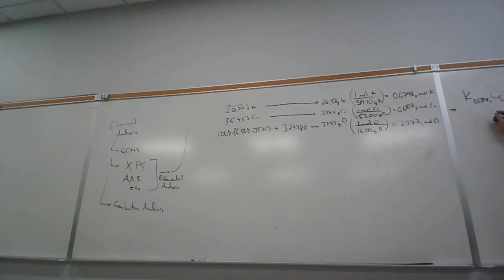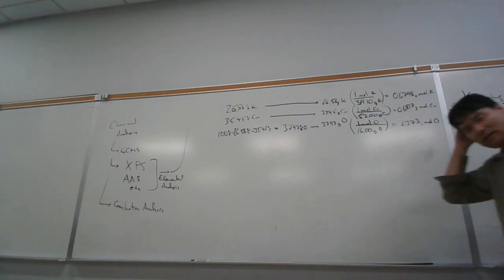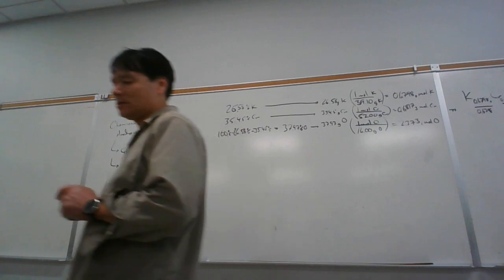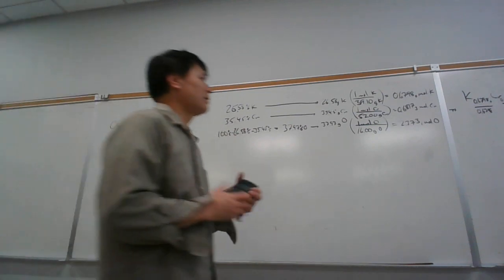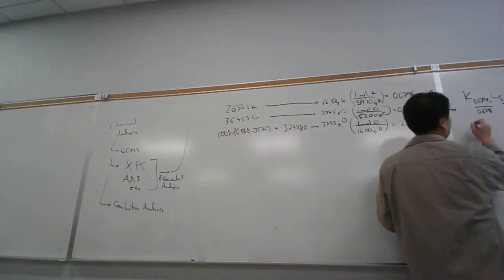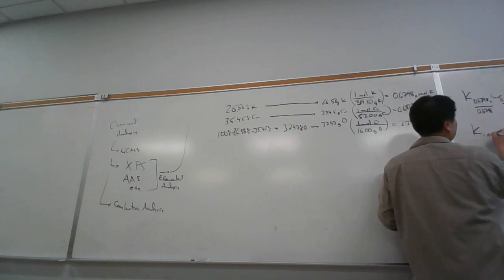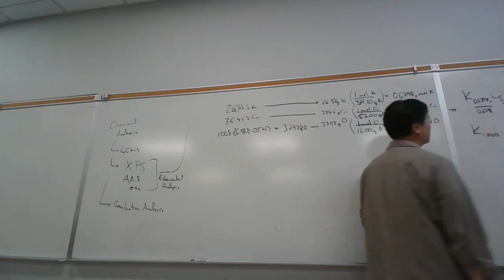The smallest is going to be 0.6798. 0.6798 divided by 0.6798, and then this divided by 0.6798. So let's divide the 3 by the smallest. And so that means potassium is going to be 1.000 to 4 sig figs.